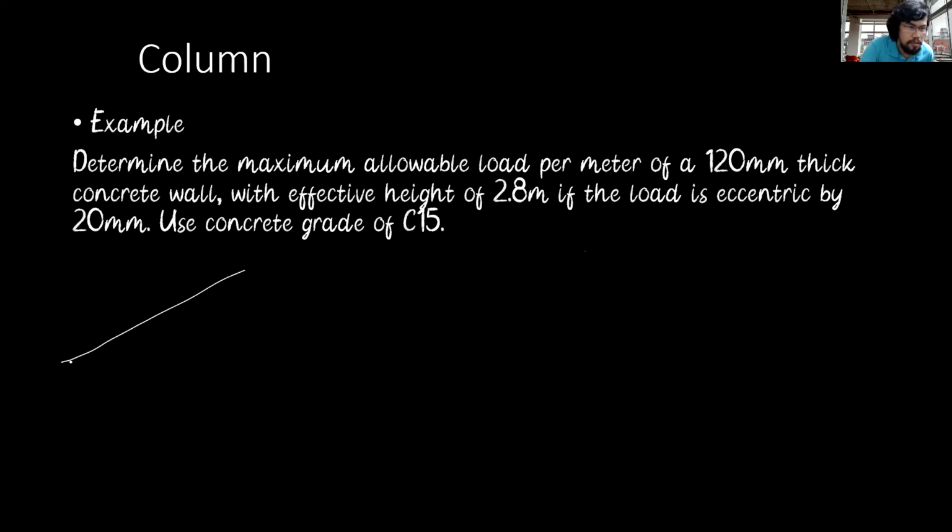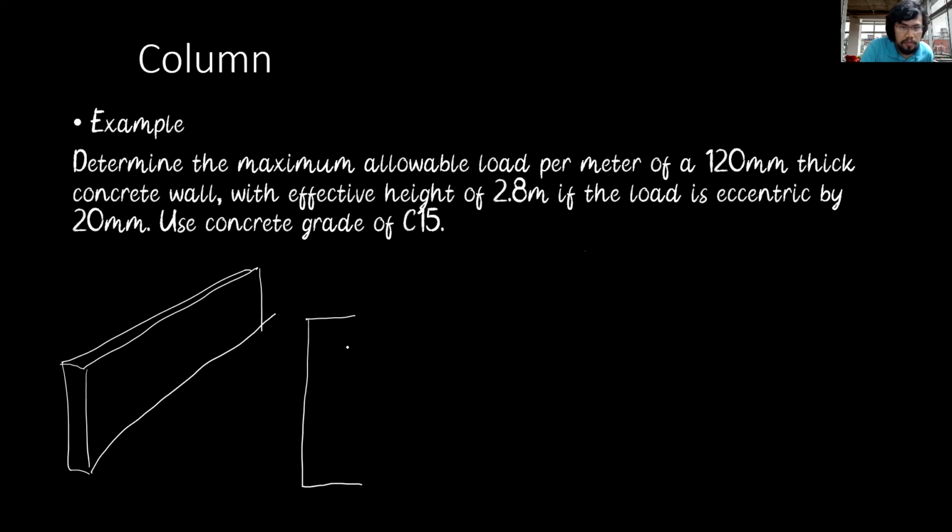It's very long, and at the cross section, we can see that the thickness is actually 120 millimeters, and you have this as a center, and the load is eccentric by 20 millimeters.